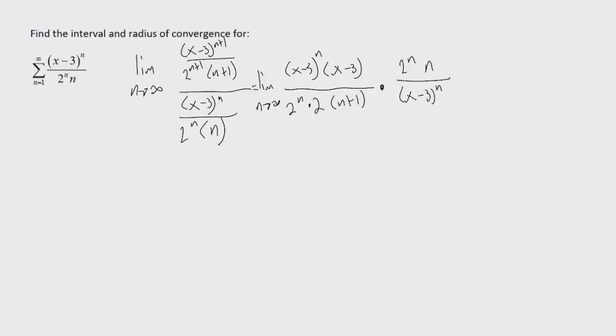Okay. Now at that point we should notice some terms cancel out. So the 2 to the n's divide out. I have an (x minus 3) to the n over (x minus 3) to the n.